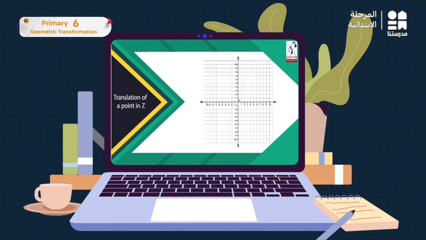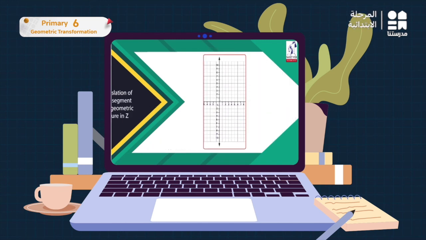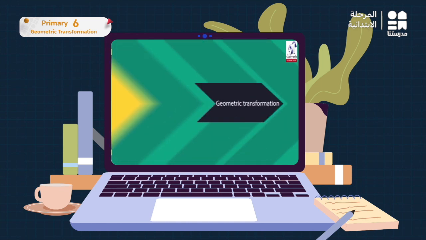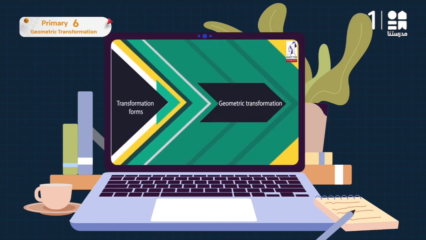For example, if you have point A with coordinates 2 and 1, and the translation value is 3 for x and 2 for y, then the coordinates of the point A dash is 2 plus 3 and 1 plus 2, which equal 5 and 3. The same applies on the line segment and the geometric figures, where we get the image of each point and match between them.